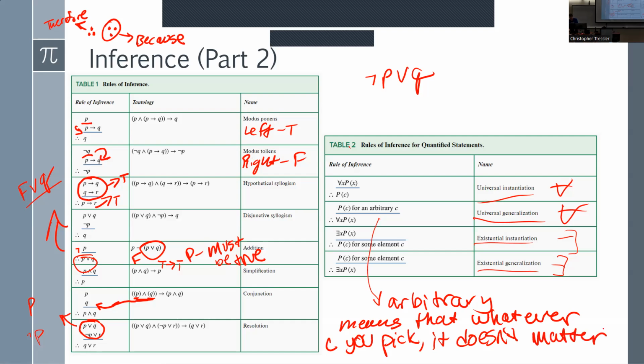If you find out that no matter what, maybe you're doing something with numbers, whatever number you pick, you're always going to get the same conclusion, then you can conclude that it's always going to work for all x, P of x. So yeah, those are those. Once again, the trick is to remember that they're basically opposites of each other in every way.